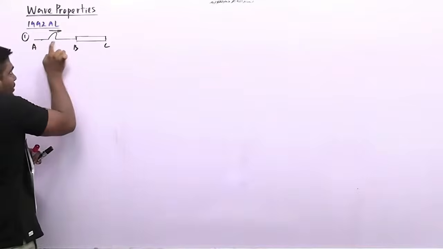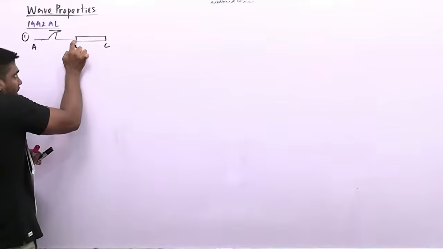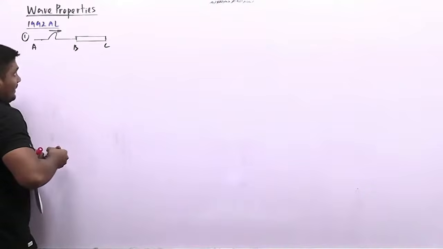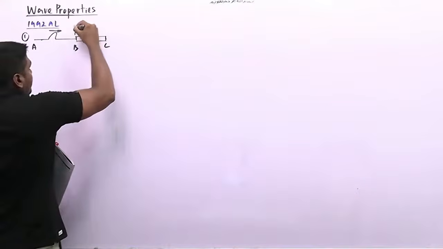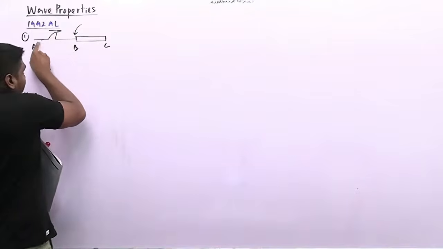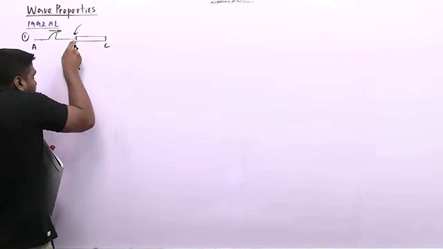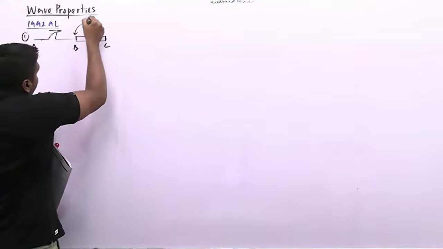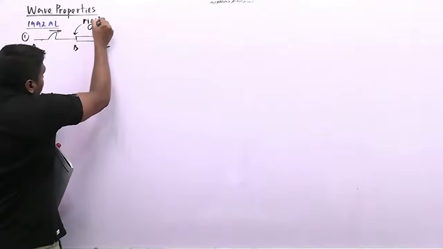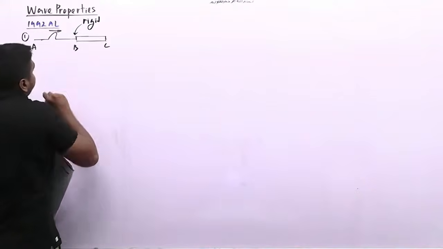Remember, for this string, point capital B is going to be a rigid boundary. For this wave pulse propagating in the lighter string, point capital B is a rigid boundary. Then we learned, if it is a rigid boundary, what will happen?